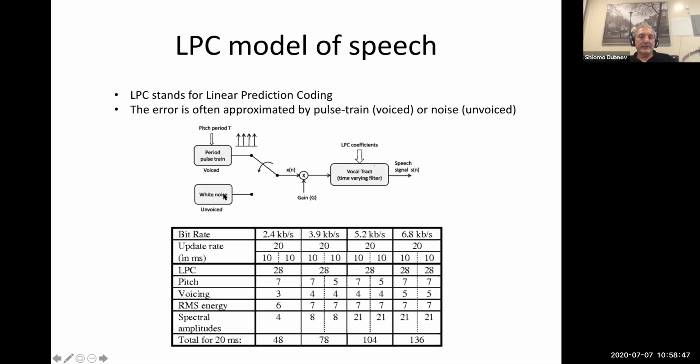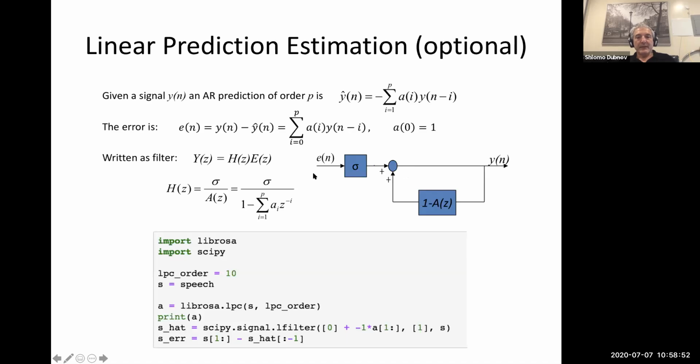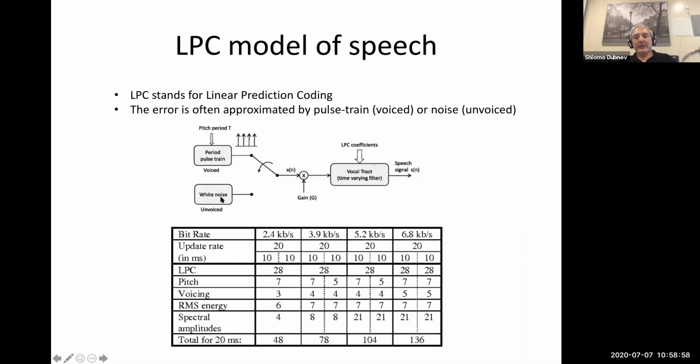So there is a lot of lossy compression going on, because if we pass the original error signal into the filter, we'll generate the original speech. But here we condense this to a very small representation, and we have to send the filters. And if we want to increase the quality, we can add a little more detail about the pitch variation and slightly more of the RMS energy and so on.